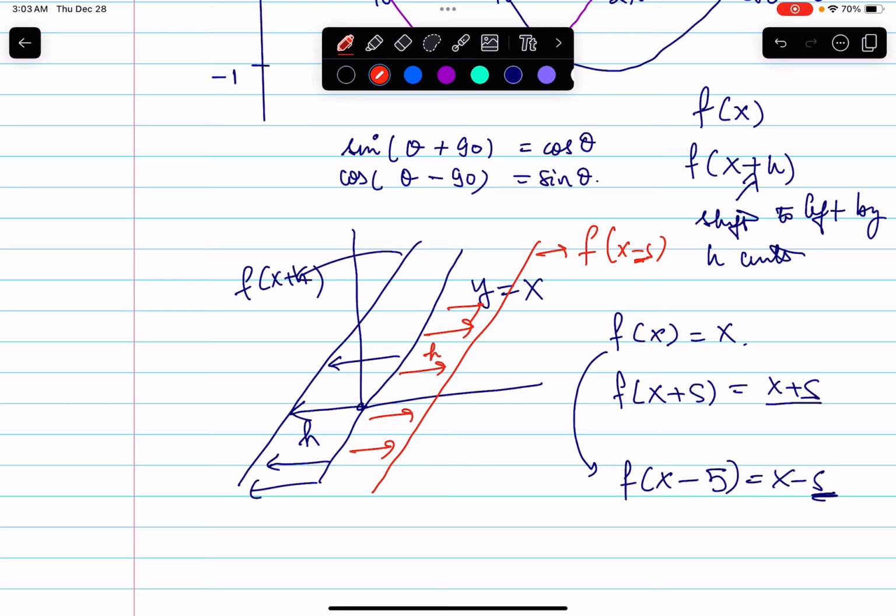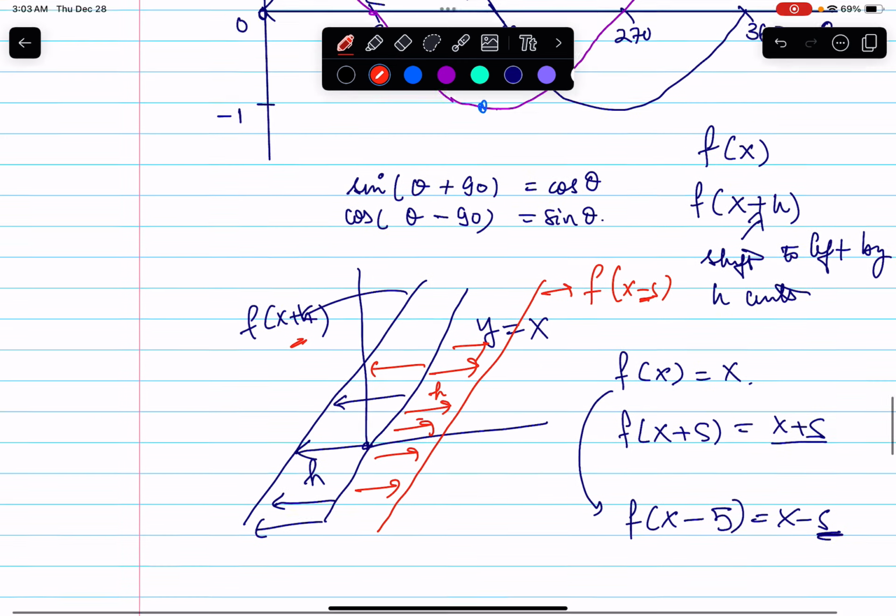So when you have a negative, you're going to the right. When you have a positive, you're going to the left. If it's negative, you go to the right. If it's positive, you go to the left. That's the main idea.